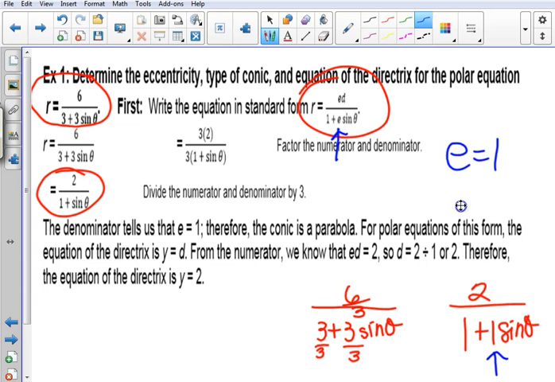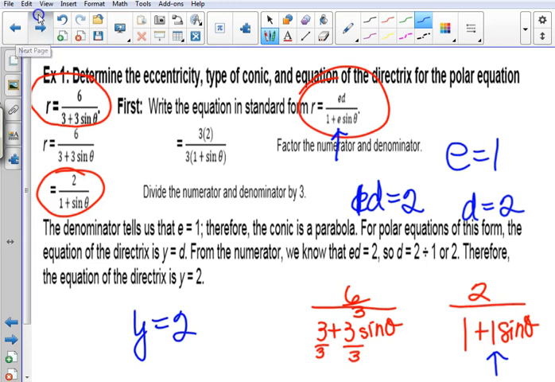And then to find D, you have to look at the top. So you know that E times D should be 2, and if E was 1, then D has to be 2 for this one. And it had a plus and it was a sine, so the equation is y equals 2.